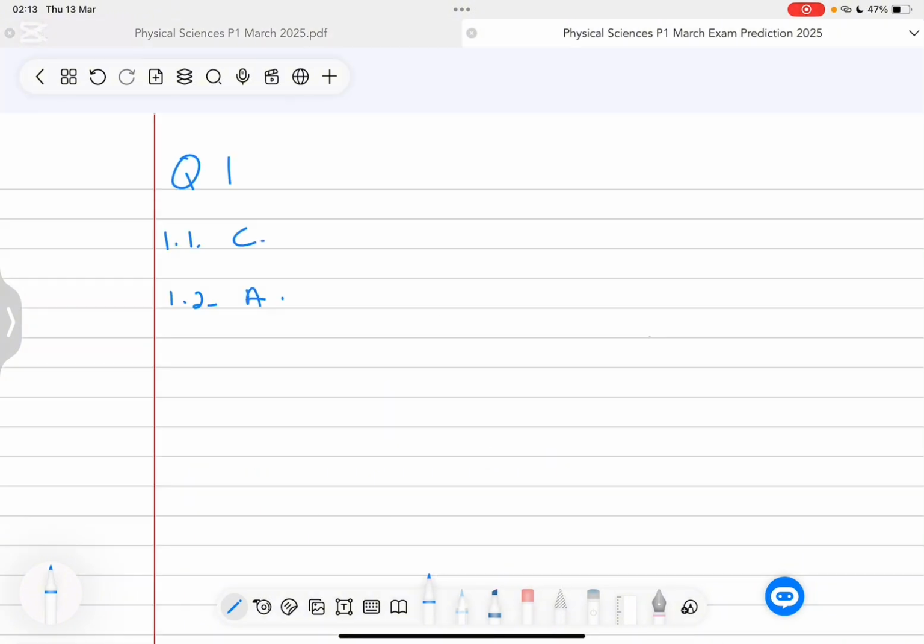Now I would like to just draw this quickly. We have a hot air balloon here. This hot air balloon is moving vertically downwards with a velocity v. When it gets to some point here, the person in there drops a ball.